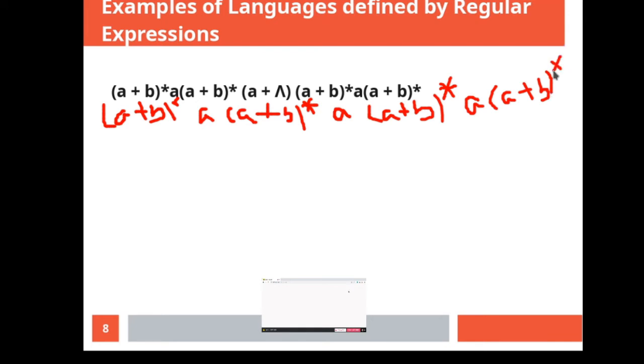If you notice, you have an arbitrary string of a's and b's, then you have to have one a, then any length string of a's and b's, but you have to have another a, then arbitrary a's and b's, and then you have to have another a, and an arbitrary string of a's and b's. So what does this regular expression represent? If you look at this carefully, this is the language of all words which have at least 3 a's.